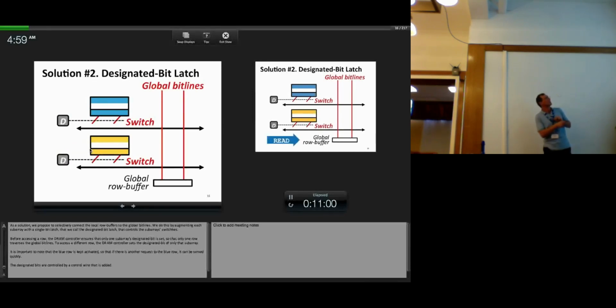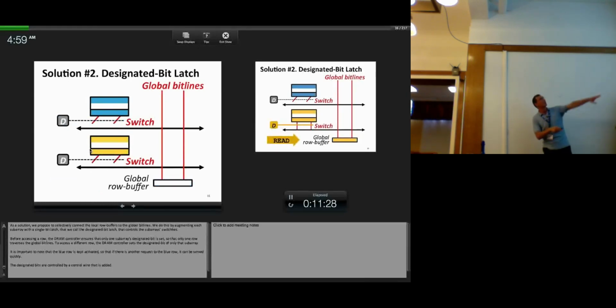The memory controller can specify which subarray it's going to read from. If it's going to read from this blue row, the memory controller can designate subarray 0 to drive the global bit lines, which sets a bit in DRAM, and that connects the subarray selectively to the global bit lines and disconnects the other subarray from the global bit lines. That way, you can selectively read one subarray.